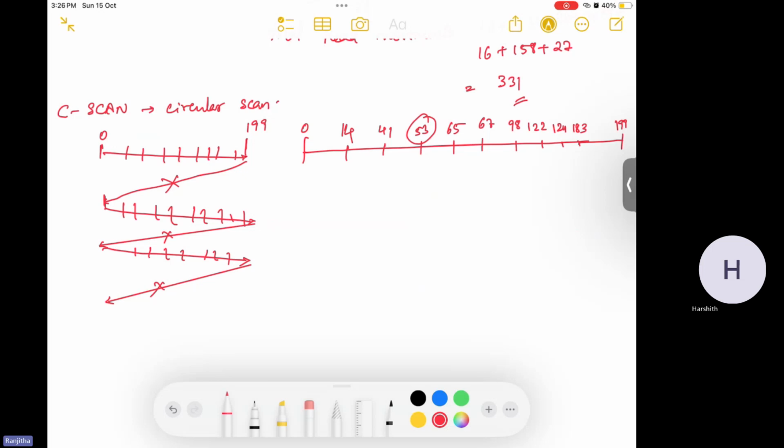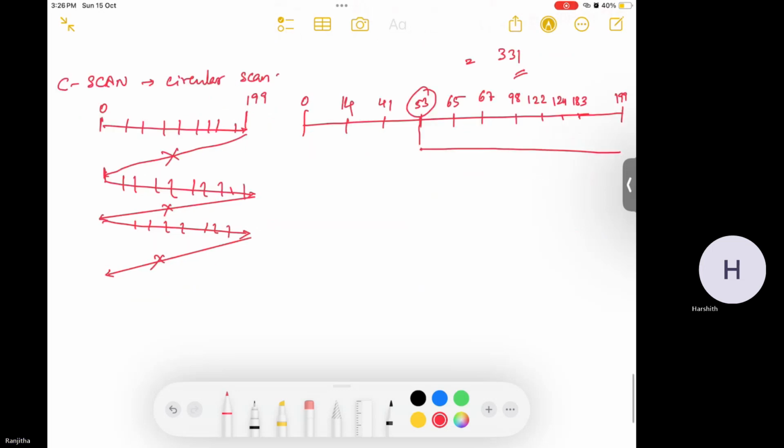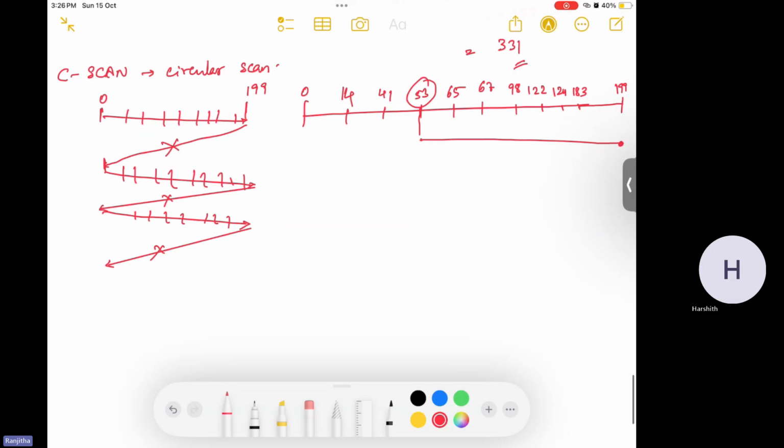Okay, so we have the head at 53. We are starting in this direction all the way to 199. On the way, we will service and read 65, 67, 98, 122, 124, and 183. All of this will be read.